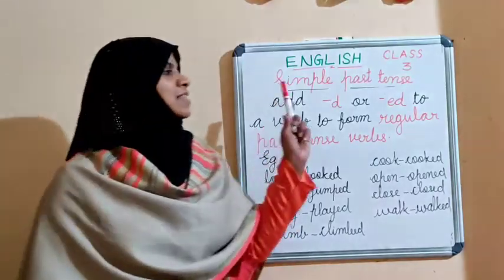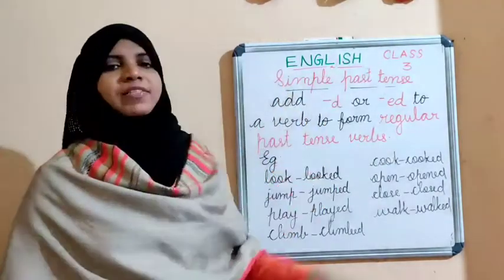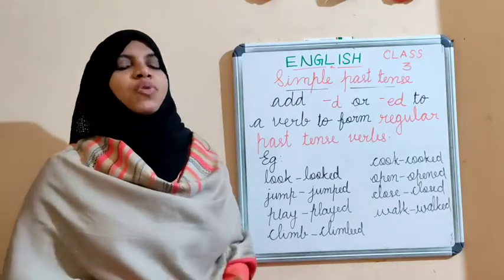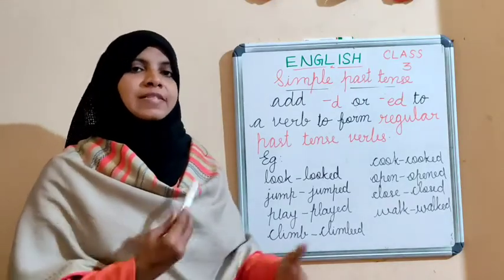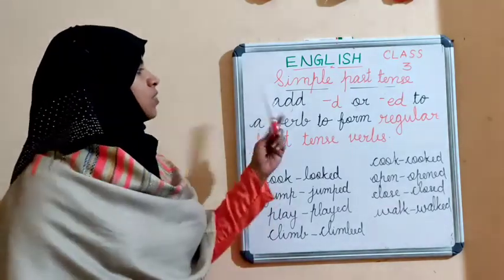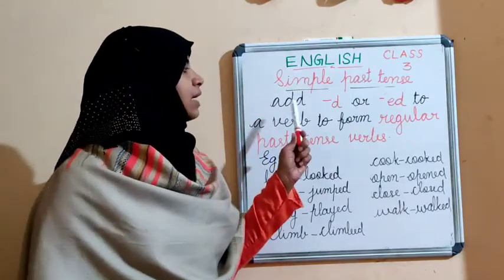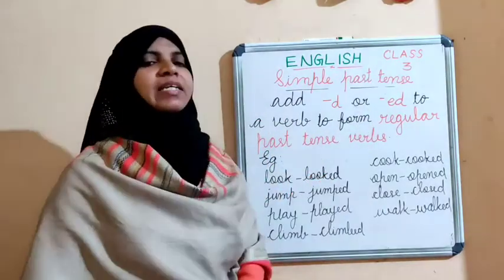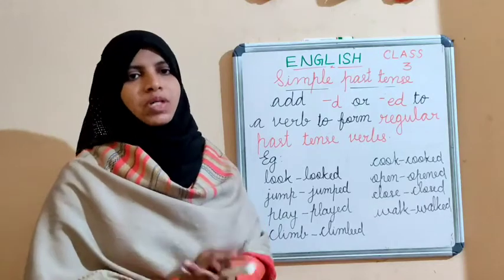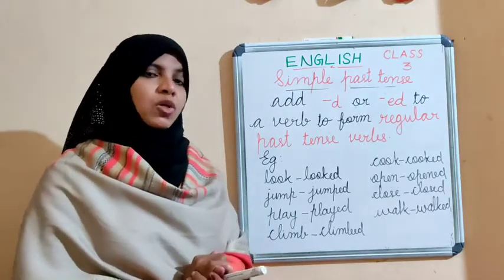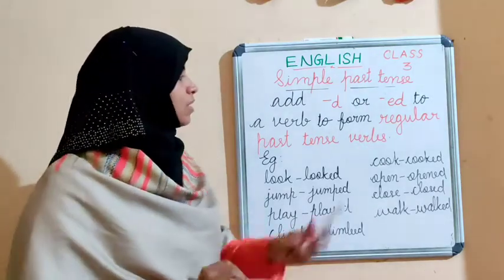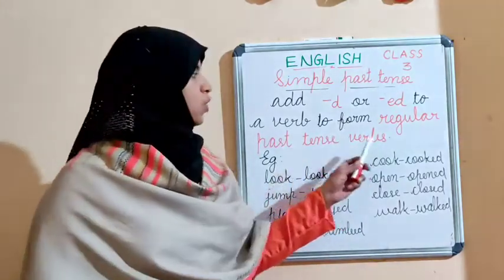Children, now let's learn more about simple past tense. How will we form a verb in simple past tense? Normally, we add D or ED to a verb. We call it regular verbs. Regular past tense verbs.